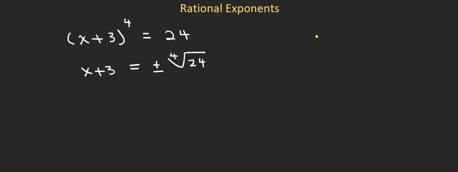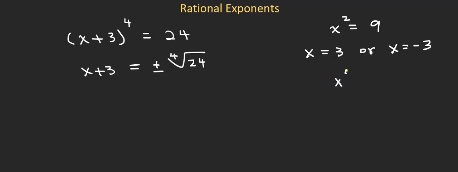So for example, let's say you got x squared equals, let's say, 9. What are two numbers that when you square them you get 9? Well, x can be 3 or x can be negative 3. What about x to the 4 equals 81?